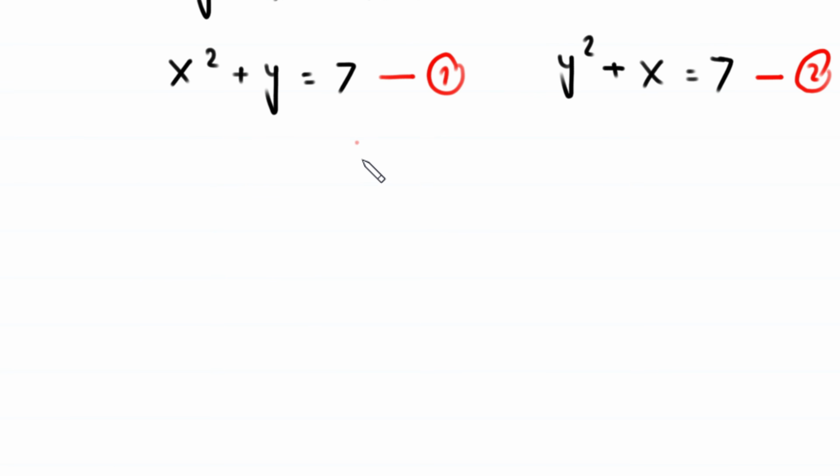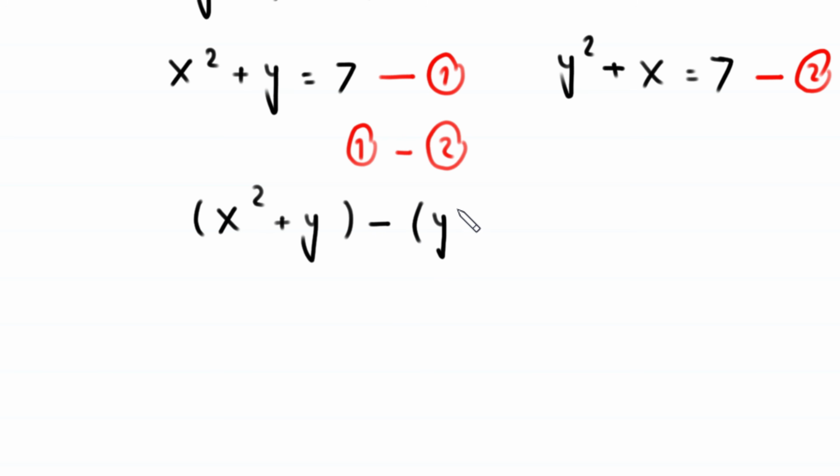Now from equation 1 we subtract equation 2, so this becomes x squared plus y minus y squared plus x equals 7 minus 7.